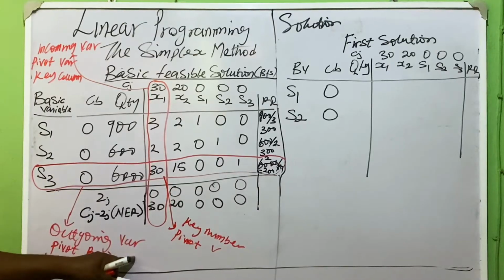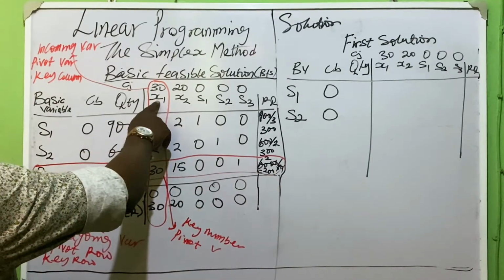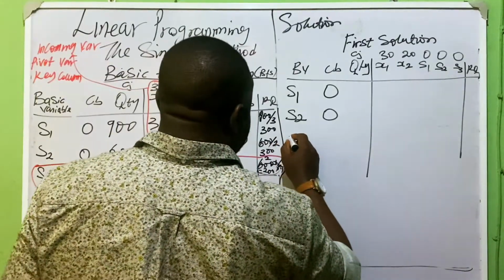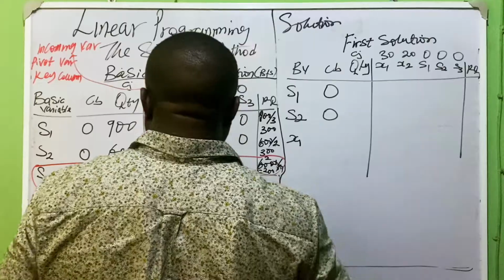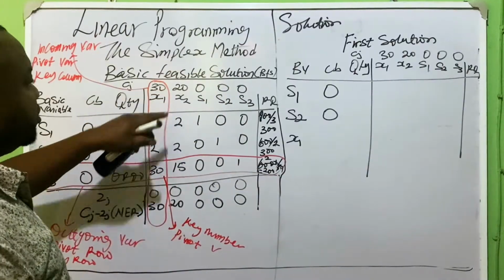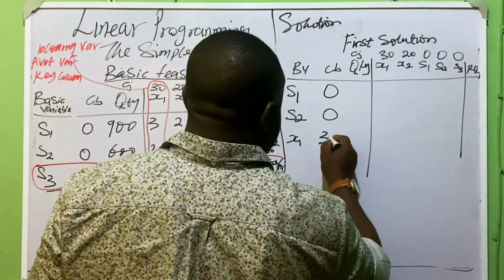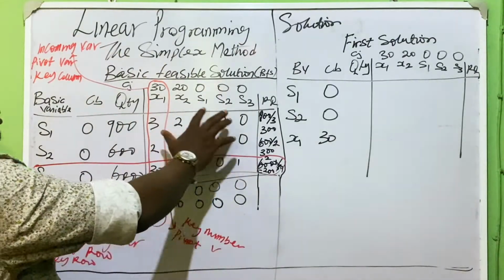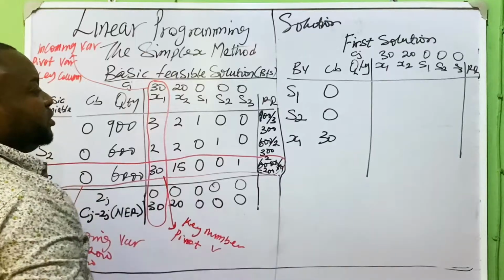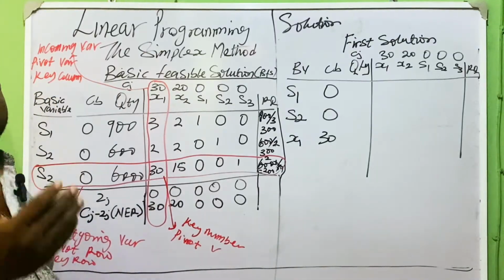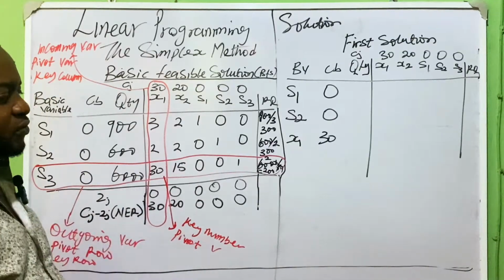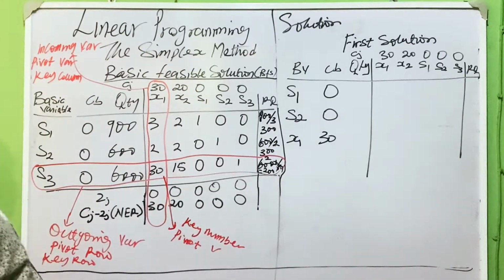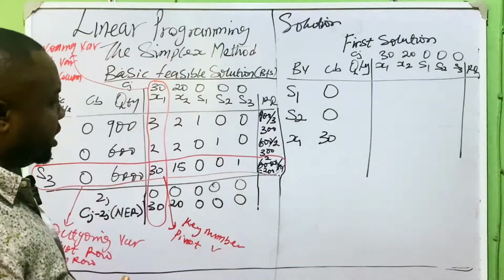S3 should leave the basis and its position be taken by x1. So we now have x1 here, and the coefficient, which is the contribution, is of course 30. So all other values that will come back into the program will be improved on. That is what we mean by transformation. Simply, they will be improved on. So we are going to use a very simple formula to improve them.